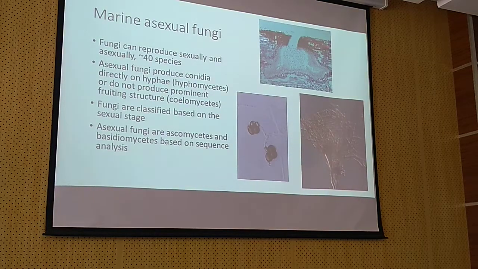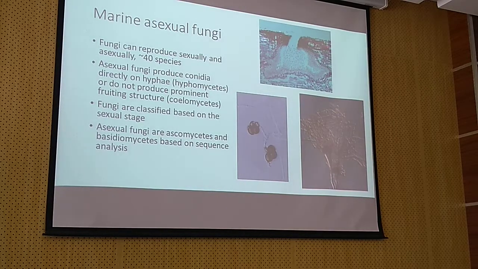There's another group. Okay, there's marine asexual fungi. So basically include two groups. One is the coelomycetes, which form fruiting bodies on the wood or on the substrates, and others, they produce spores directly from the mycelium. Okay. Now, I told you yesterday, in fungi, the classification is only based on the sexual structure. Okay.